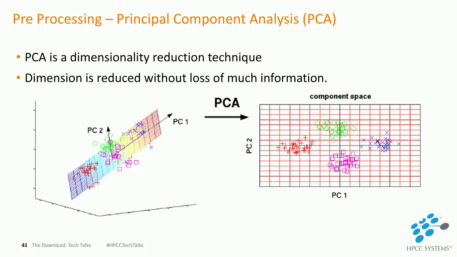You can see the plot on the left, it actually represents certain data points in a three-dimensional space. But if you see, all the data points are actually aligned on that particular plane, which is represented by the PC1 and PC2 axes. So if we could somehow project the entire data point set onto that particular plane, we would essentially be projecting the entire dataset in a two-dimensional space, and you wouldn't be losing much information in the process.